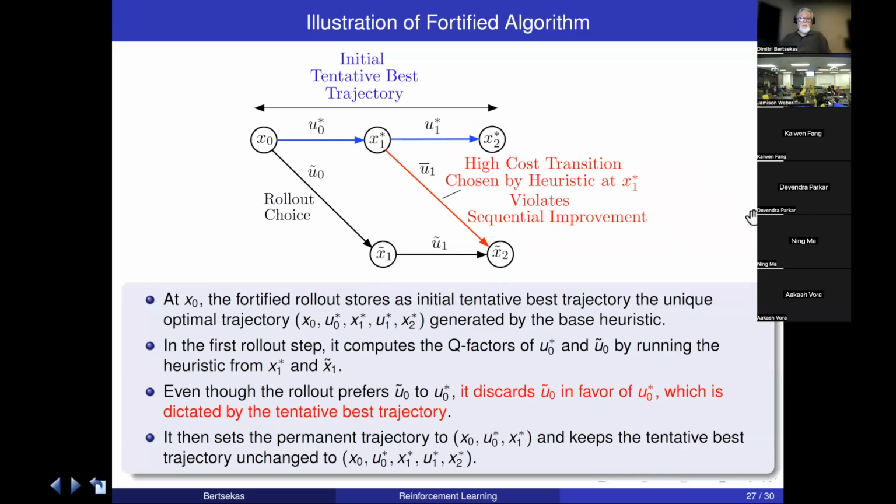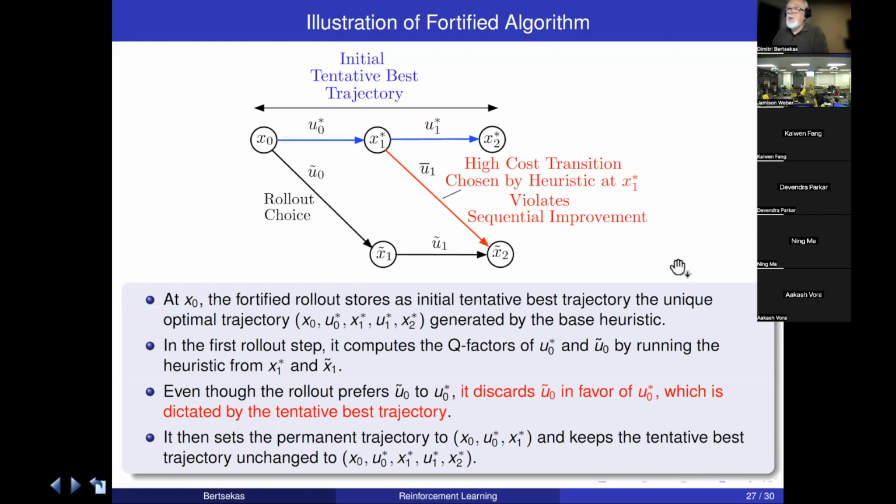I have a question from a student. So in this example, does the heuristic also need to violate the sequential consistency property? I'm sorry, could you speak a little louder? Yeah, so does the heuristic also need to violate the sequential consistency property?